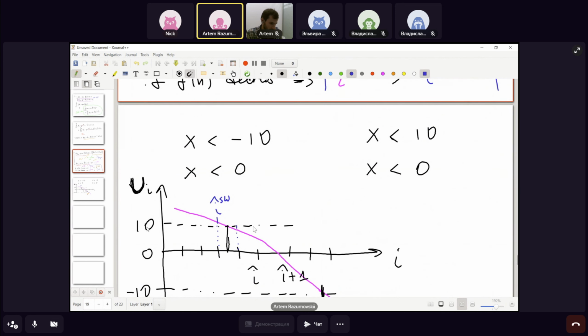So something positive is here, and the last guy who joined is here. Next one is not joining because his utility is lower than something positive. And this gives us that the last who joins here is less than the last who joins in the Nash equilibrium. Yes, okay.